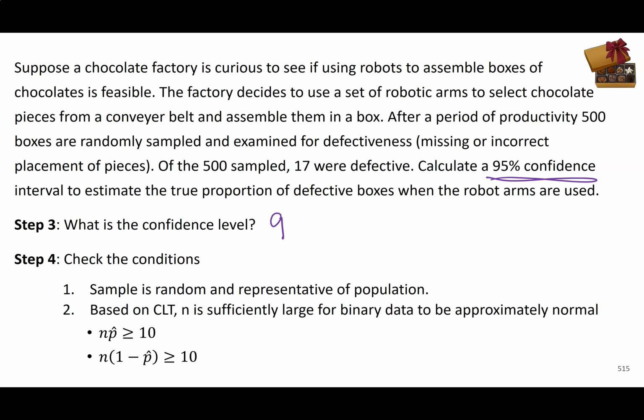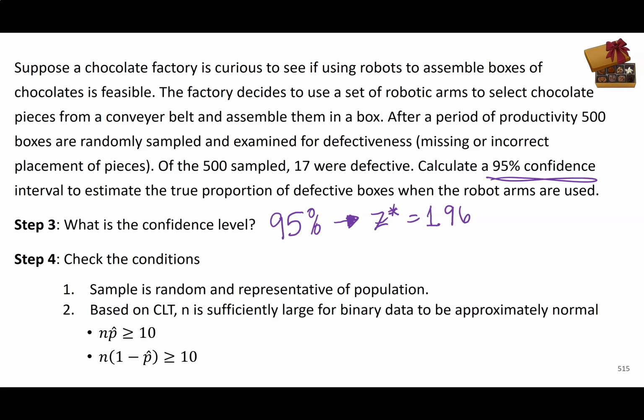By default, if we don't give you a confidence level, you can assume 95%. It's kind of like with hypothesis tests. You can assume a 0.05 significance level if we don't specify one. And since that's a 95% confidence interval and we're using Z methods, I can use a z-star critical value. And that's just going to be 1.96.